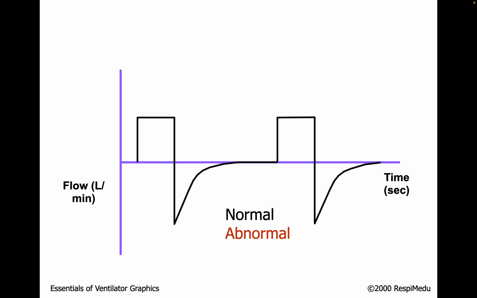Similarly, as you could see here, inspiration is not a problem, but the expiration is abnormal since the peak expiratory flow rate is reduced. The highest negative point has come down.